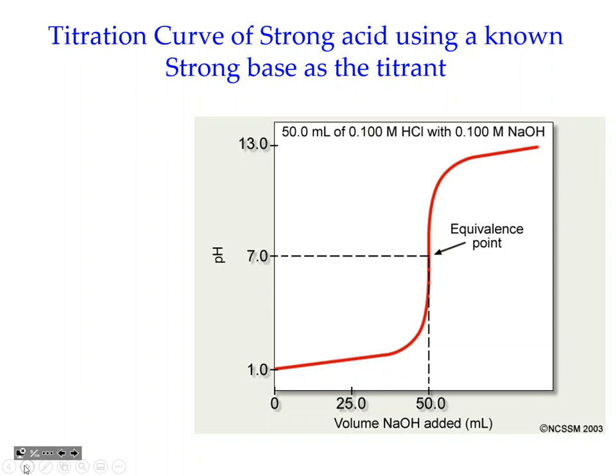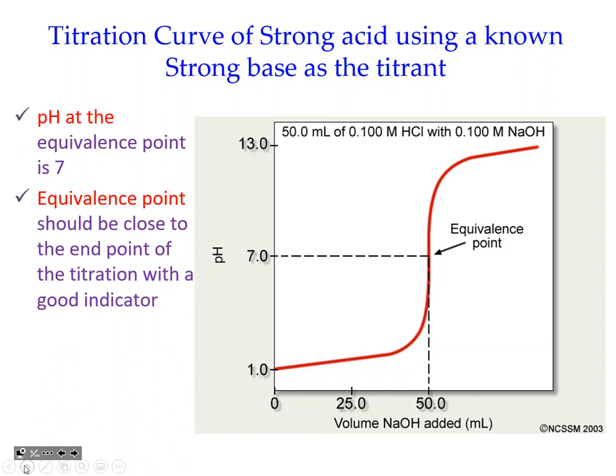All right, let's go over the basic features of the titration curve. First thing to note, for a strong acid, strong base, it's going to be a pH of 7 for the equivalence point. Right there, smack dab in the middle. Then, that equivalence point should be close to the endpoint of the titration with a good indicator.